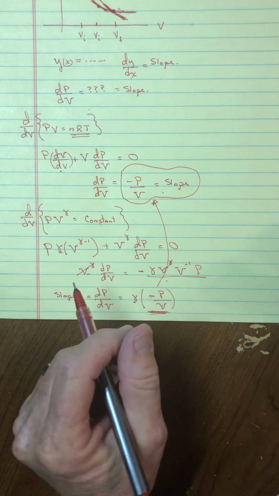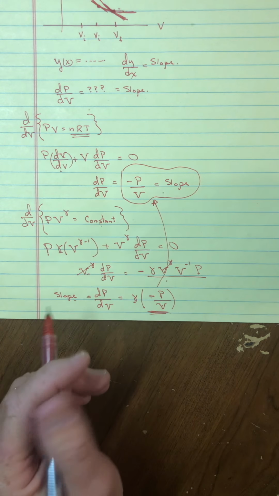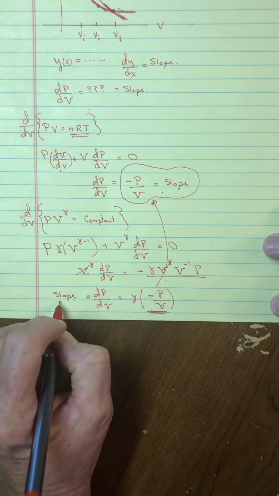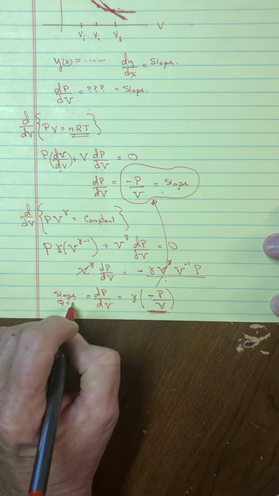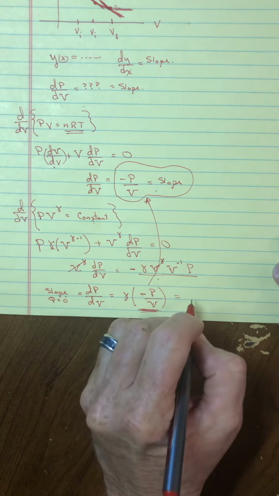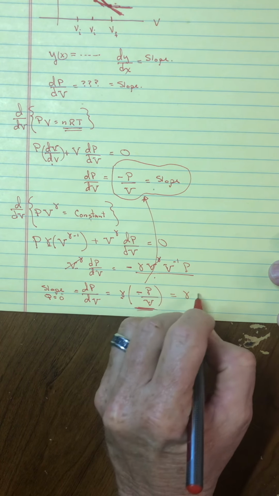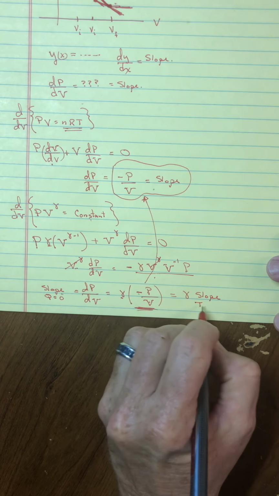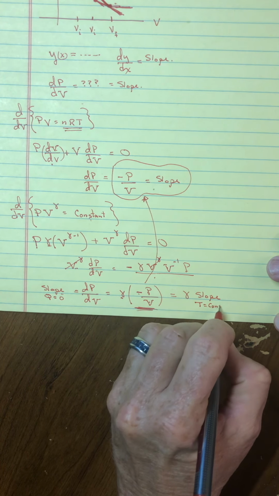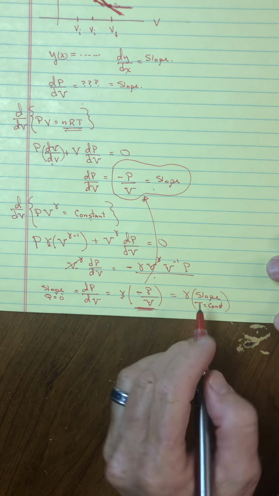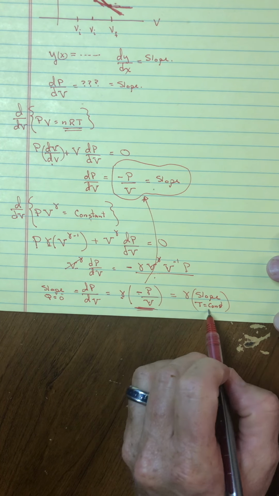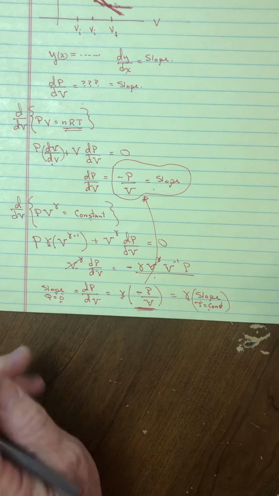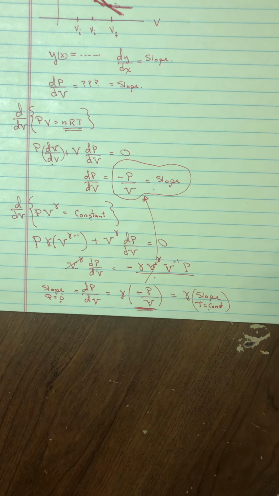And I think that was the question. It says, prove that the slope of the adiabatic, so this is the slope of the adiabatic, maybe I'll just put slope Q equals 0, equals gamma times, and this right here would be the slope of the isotherm. So I'll put temperature equals constant. Okay? So the slope of the function with temperature equals a constant, if you multiply it by a factor of gamma, you get the slope of the adiabatic. Yeah, nice.